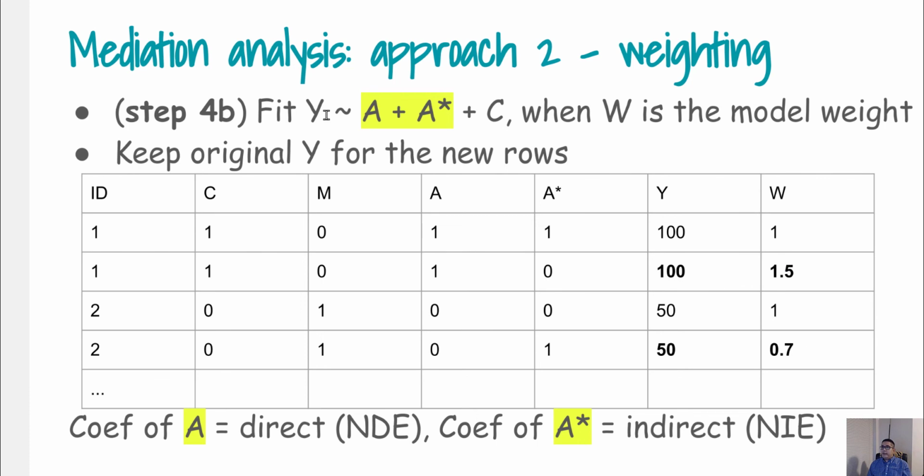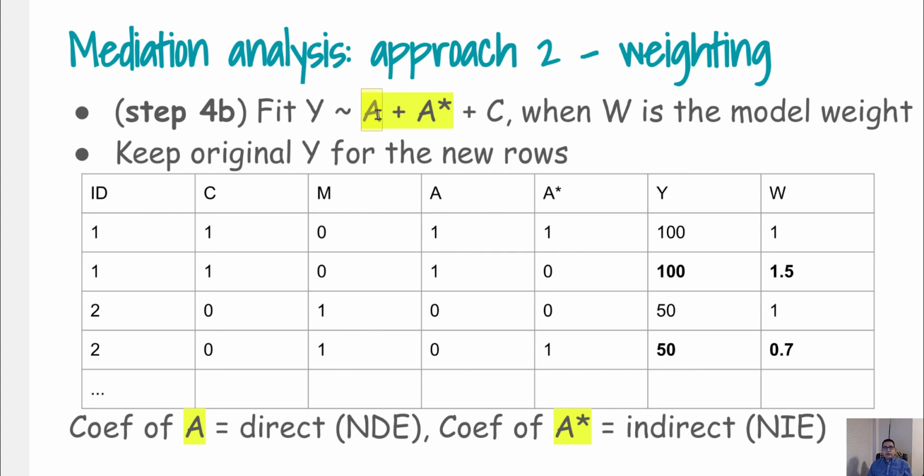And then when we get this weighted regression, weighted by W, we have A star and C, similar to our imputation approach. But in the imputation approach, we were not really weighting. We were changing our Y's. The interpretation of this model is, however, the same.